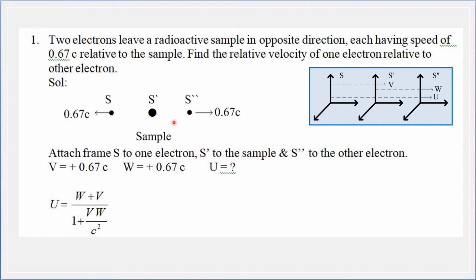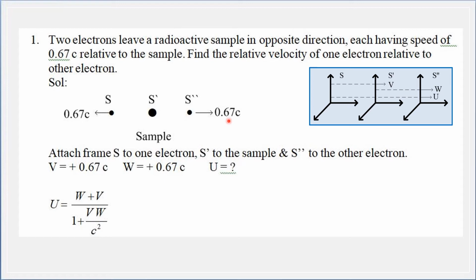Then see, with respect to the sample, this electron is going here with 0.67 C. So with respect to the second frame, the third frame is moving this way, in the direction shown here with the velocity W. So W will be equal to plus 0.67 C. Suppose it was just opposite to this, but here W is in this direction, then you should have taken minus.